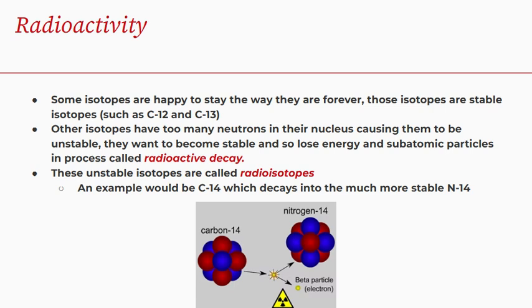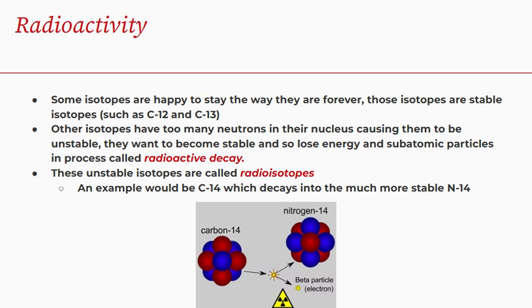Other isotopes have too many neutrons in their nucleus, which causes them to be very unstable. They want to become stable as much as possible, which I'm sure you've heard before. Atoms are always trying to become stable. And so they lose energy and subatomic particles in a process we call radioactive decay. These unstable isotopes are called radioisotopes.